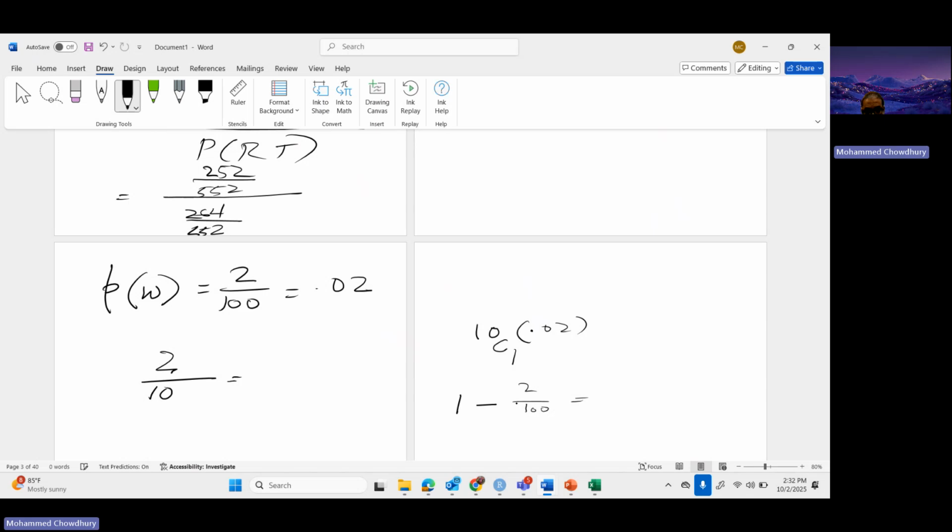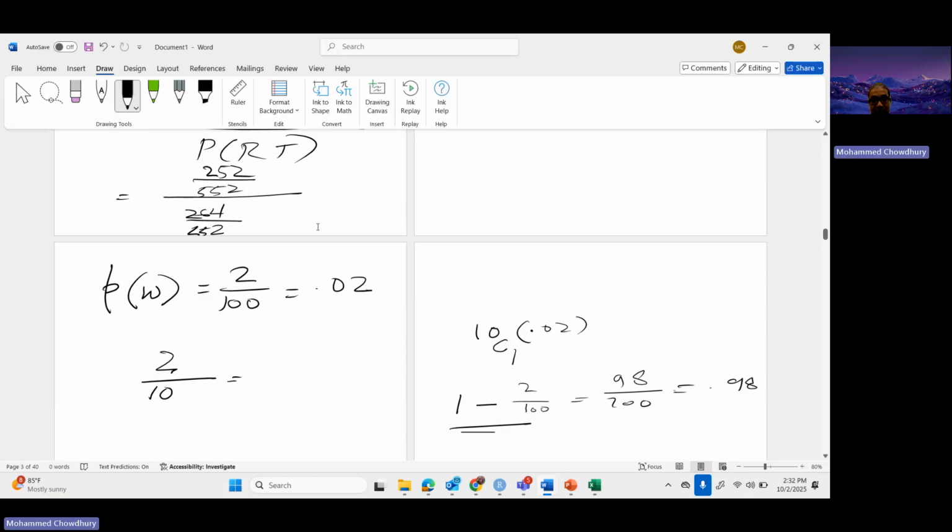So 1 minus, this is the no win, right? 1 minus 2 over 100, which is equal to 98 over 100, right? This is the no win. 0.98 is the probability of no win.